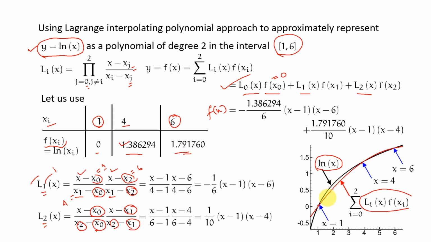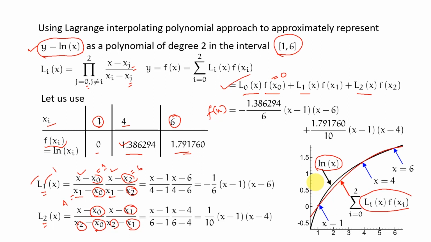You can see that at all these 3 points, the interpolated curve cuts the actual curve y equals ln x, and in the remaining part it is slightly away from it. But as you can see, our approximation is not that bad. In fact, if we take a few more points, it may be better. We don't know that, but it could be better. You can try that on your own.